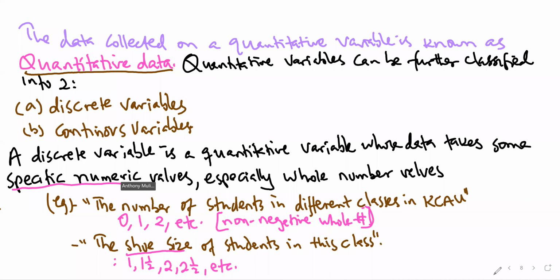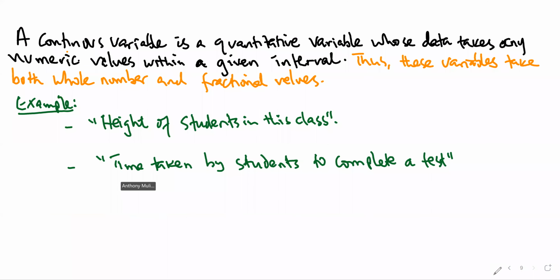Now, those are quantitative variables. Then the opposite of that is what we are calling qualitative variables. They are also called categorical variables. So in short, qualitative variables are variables whose values cannot be measured on a numerical scale.